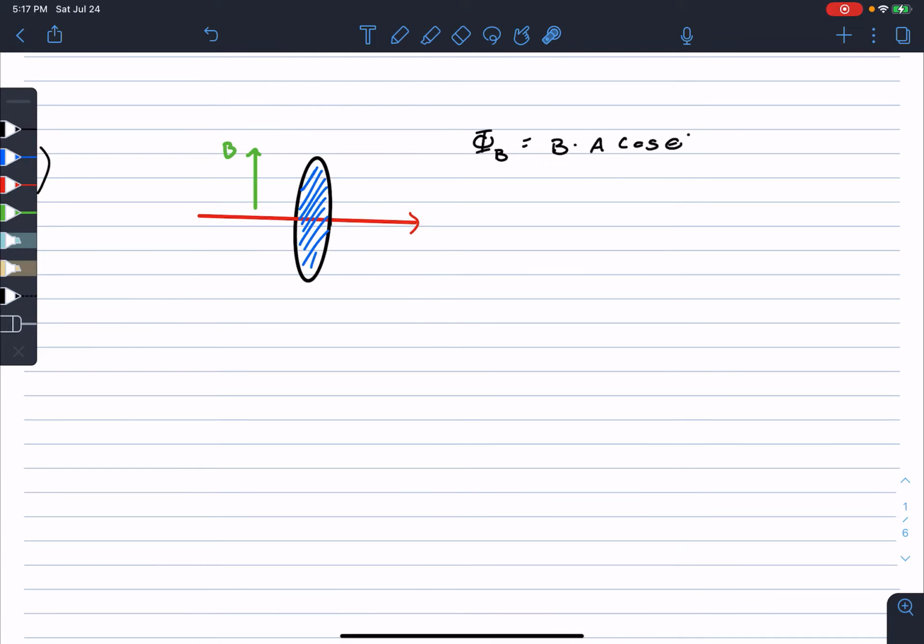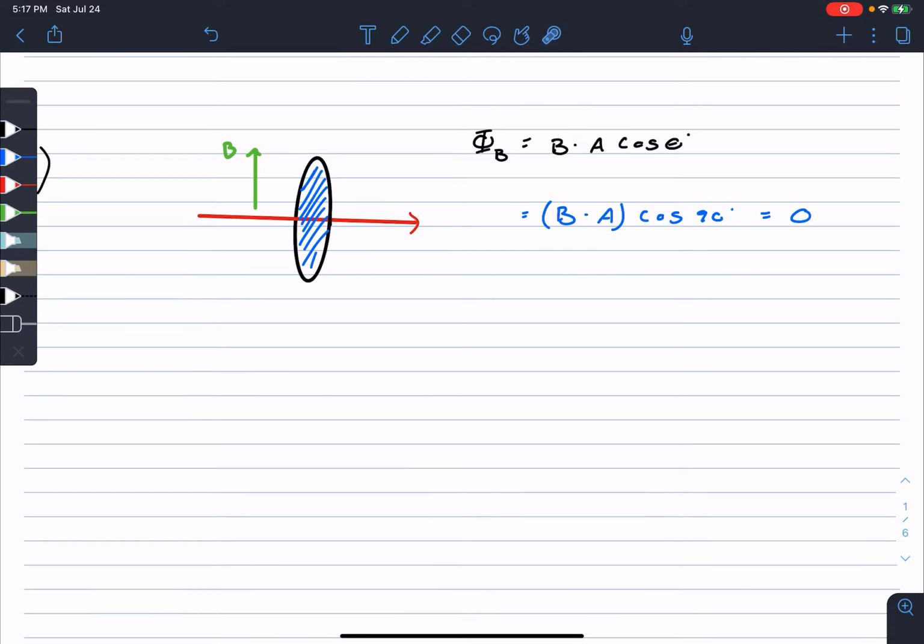In this case, that's going to be 90 degrees. So it doesn't matter what these values are, because cosine of 90 degrees equals 0. And so again, we have no net flux going through this coil.